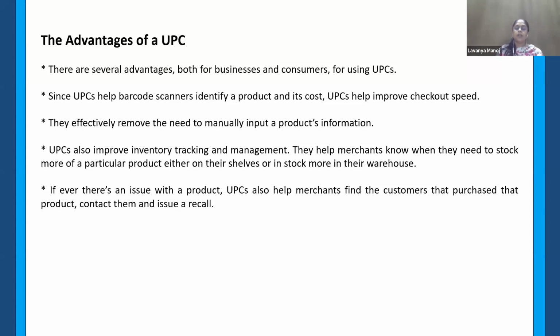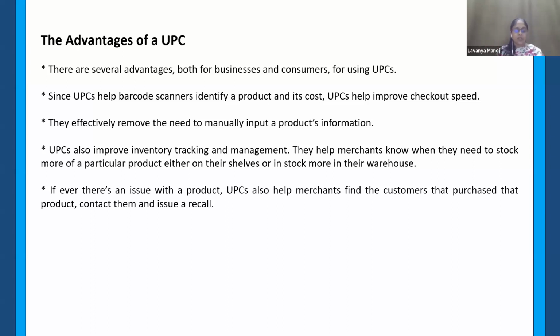So these are the advantages of UPC. Both for business and consumers, it's good. Since UPCs help barcode scanners identify a product, UPCs help improve checkout speed. When the barcode is scanned along with the UPC code, immediately the company description is displayed, the company which has produced the product.